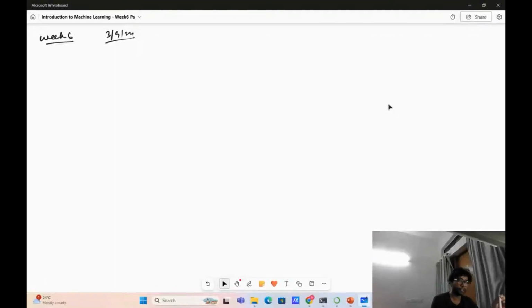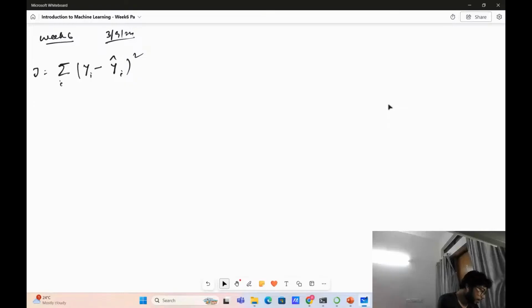Okay, so let's see. The error till now is (yi minus yi hat) whole square. This is the cost function till now.